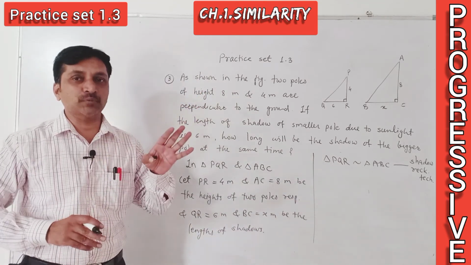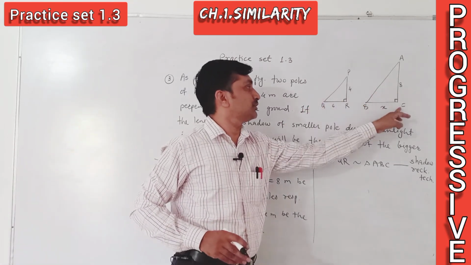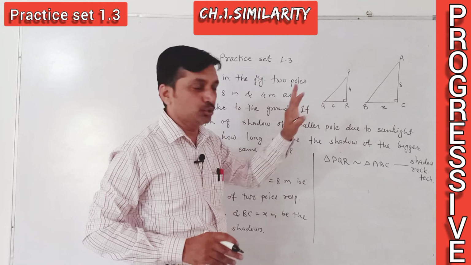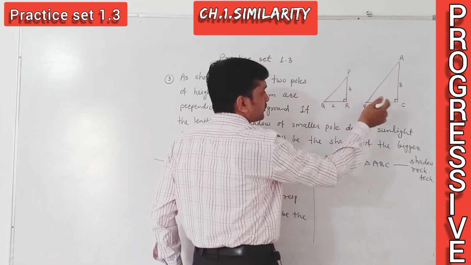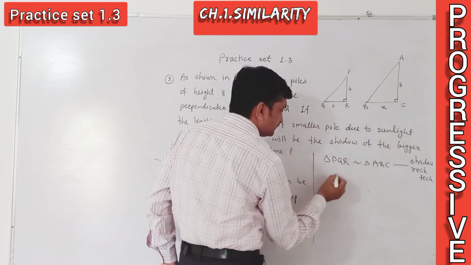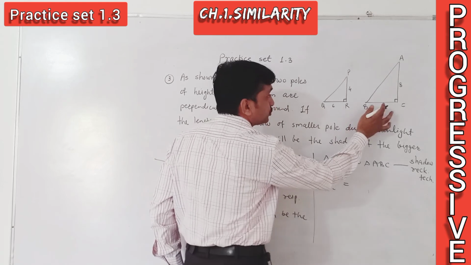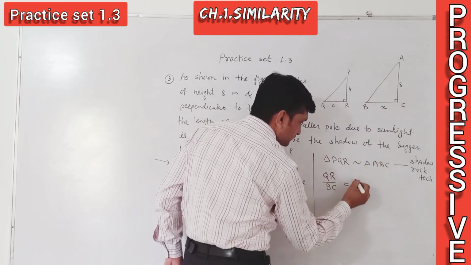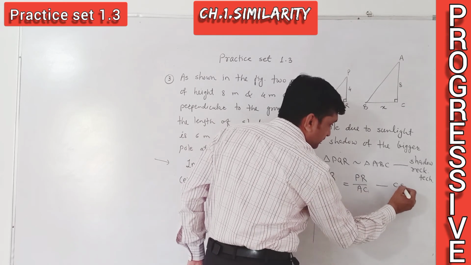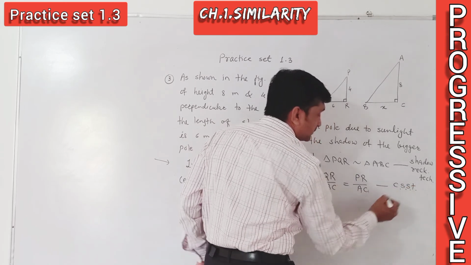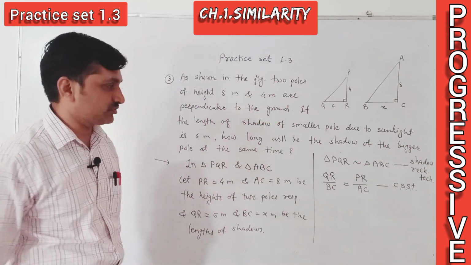All three corresponding sides are in proportion, but here there is no need to write all three. Here we have only two, so I take only two pairs. Any pair you can write here. QR upon BC is equal to PR upon AC. The reason: corresponding sides of similar triangles.